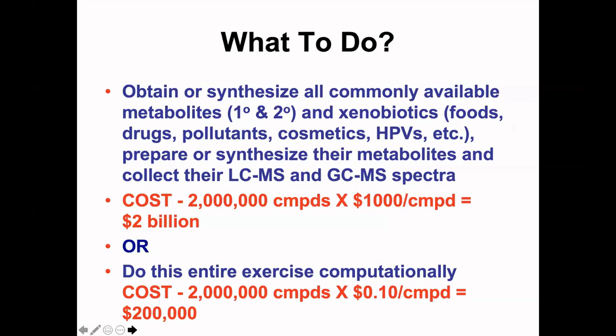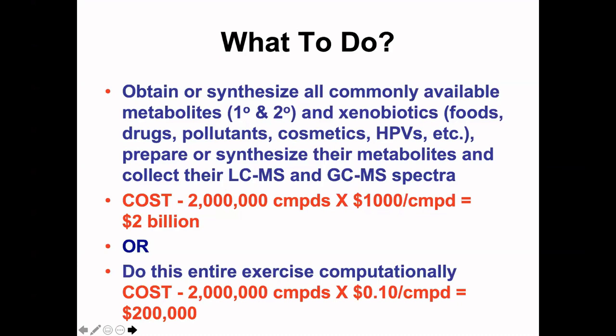And then we can process them through artificial guts and artificial livers, or we can hire organic chemists to synthesize variations of them. And so we can get this collection of 2 million compounds by hook or by crook. And then we can collect their LCMS and GCMS and NMR spectra. And then we'd have our huge library, which is what we need.